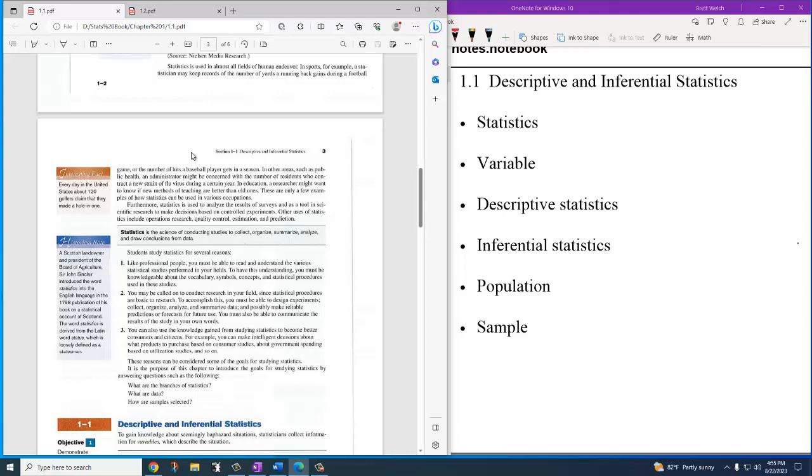There's lots of reasons we would use statistics, but there's a few listed in the text, like being able to read and understand statistical studies that have been performed in a field. For instance, maybe you want to be a dentist, and you're researching different approaches to helping patients deal with teeth issues or gum decay, and you see a study that says this is 85% effective.